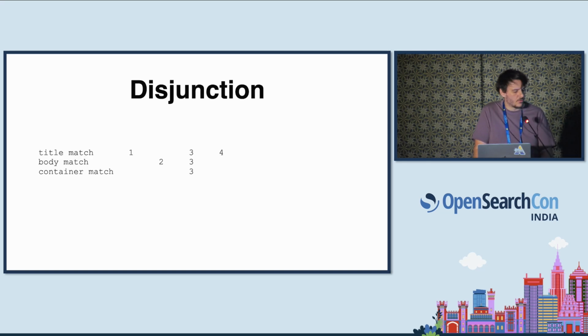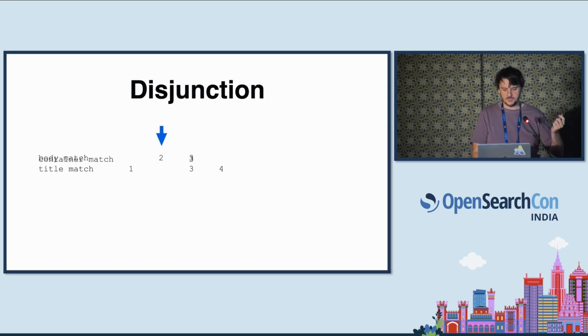Next up, I wanted to talk about disjunctions and how they function. We have a similar situation where we have multiple subqueries, and the way a disjunction works under the hood is it uses a priority queue to determine which subquery is the one that's going to supply the next document. In this case, the first one matches number one, and it reorganizes the priority queue.